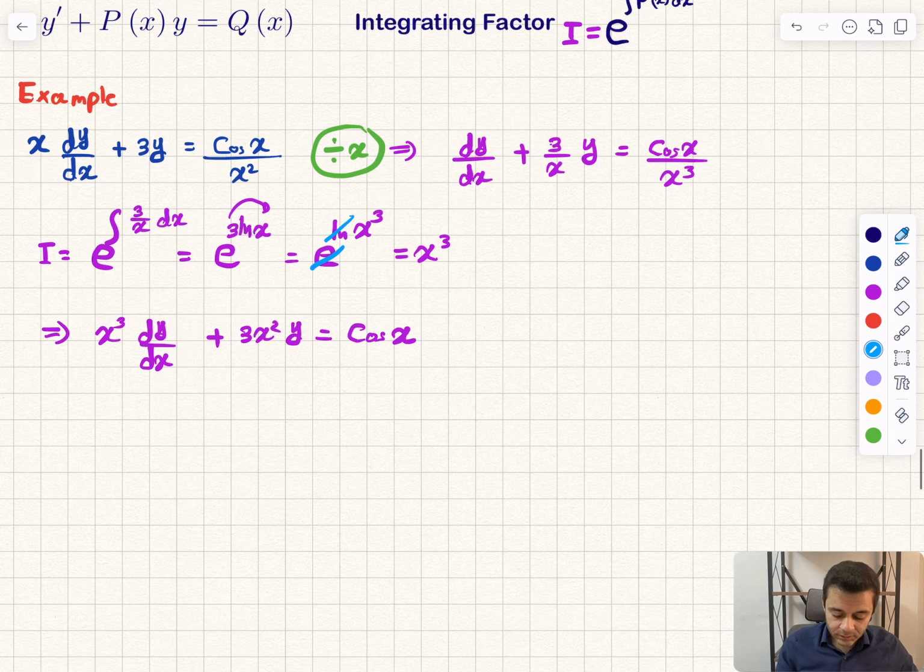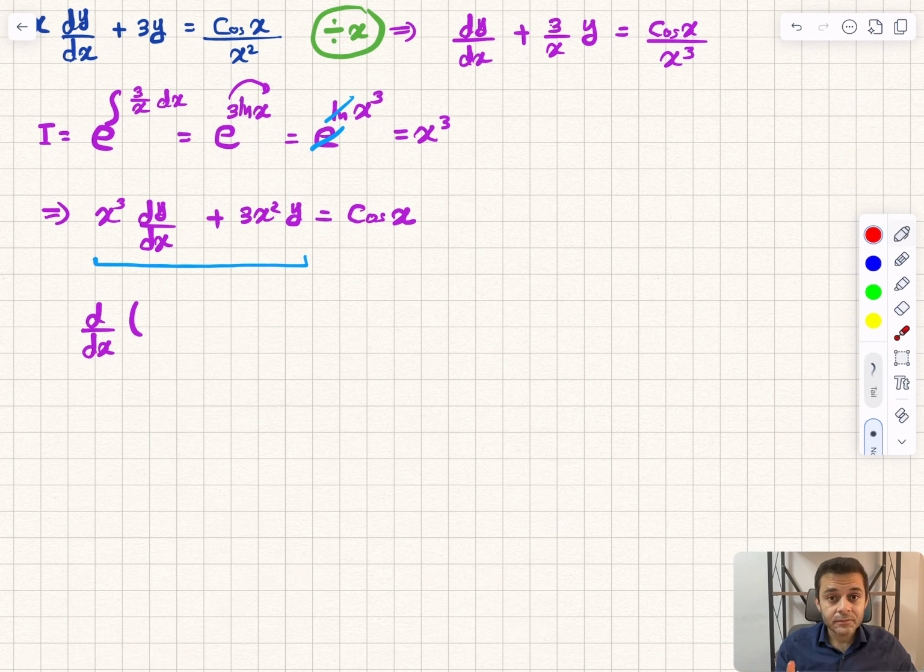Always the derivative of the integrating factor you found, which is x cubed, multiplied by y, always y. So here again, if your work is correct, if your integrating factor is correct, always the left-hand side will be regrouped like this: the derivative of the integrating factor multiplied by y.